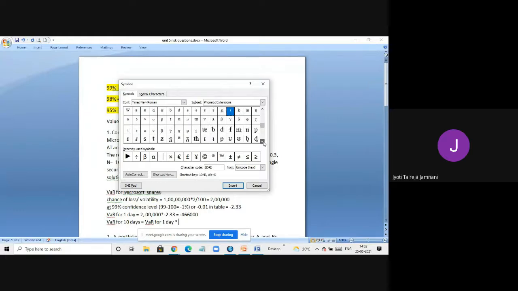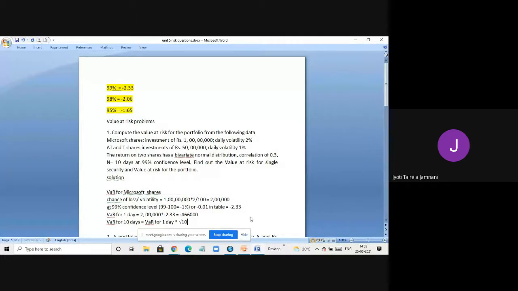As of now, I'll write it in words only. Yeah, here it is. So I have got the symbol. Okay. So it is square root of 10 days.